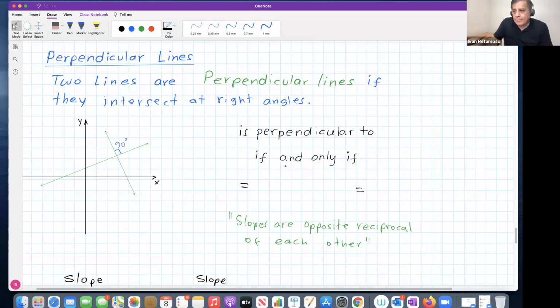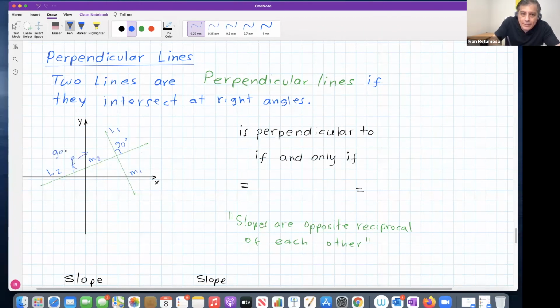Great. Now, if you analyze the slope of these two perpendicular lines, one thing that you will notice quickly is this. If you call this line L2 with a slope m2, and you call this L1 with a slope m1, notice that if you walk along this line from left to right, what is happening?